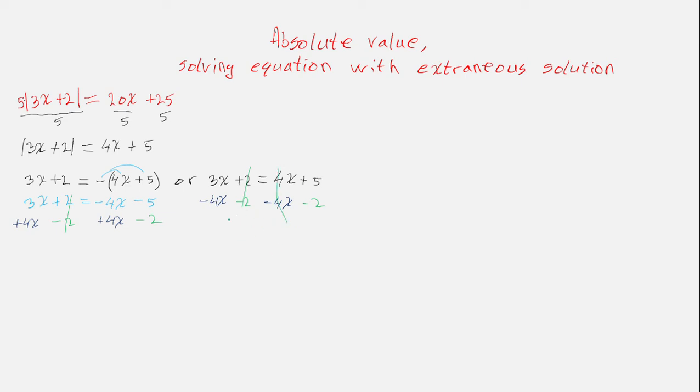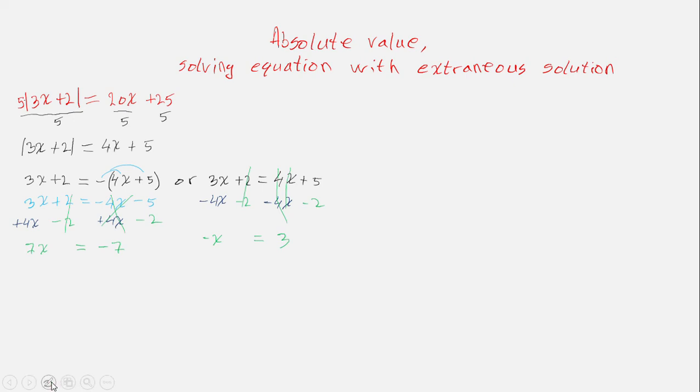Also these two will go away, and this here will also go away. So we end up with 3x plus 4x, which is 7x, equals 2 minus 5 minus 2, which is negative 5 and negative 2 added together, negative 7. In this case, we have 3 minus 4x, which is negative x, equal to 5 minus 2, which is 3.